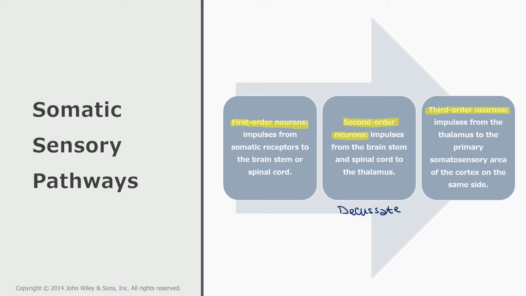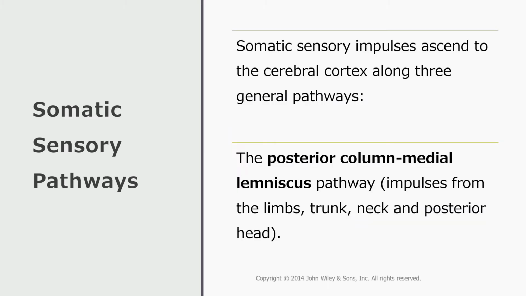Lastly, we have the third order neurons, and these conduct impulses from the thalamus to the primary somatosensory area on the cortex on the same side. Somatic sensory impulses ascend to the cerebral cortex by 3 general pathways. The first one is the posterior column medial lemniscus pathway.